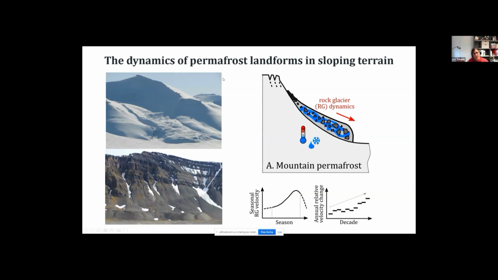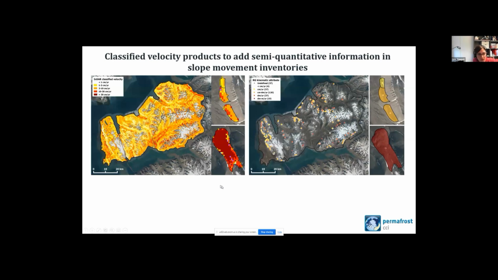So rock glaciers are landforms consisting of a mixture of rock debris, sediments, and ice that are creeping down the slopes, and they are really influenced by water, ice content, and temperature, which makes them influenced by climate change as well. So that's why there is a focus in the research community to try to use rock glaciers as climate change indicators.